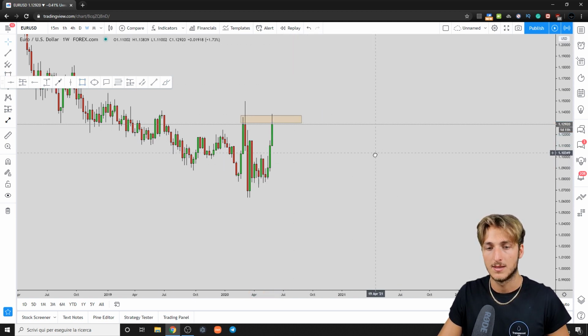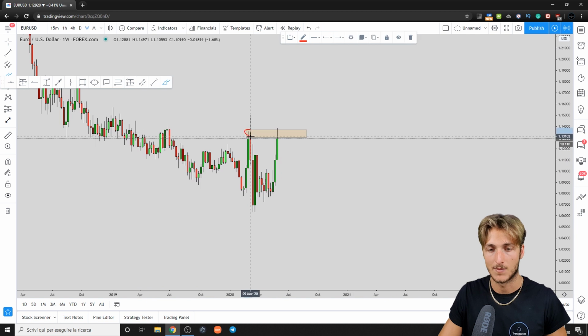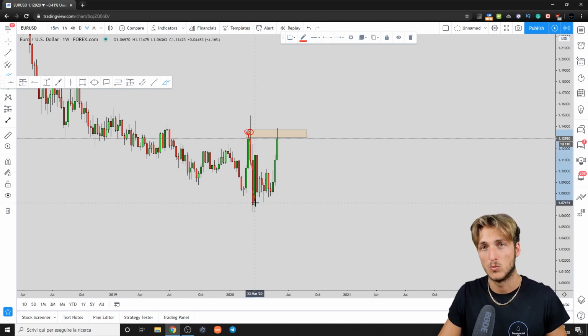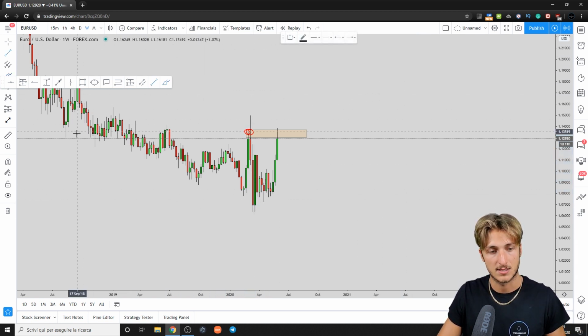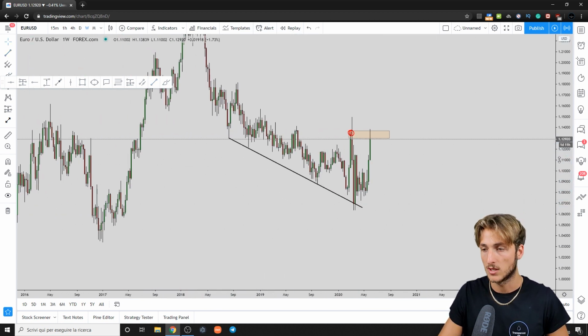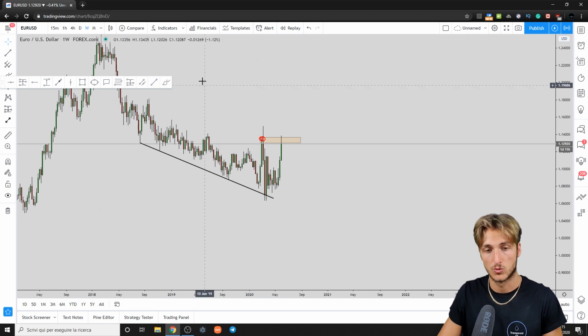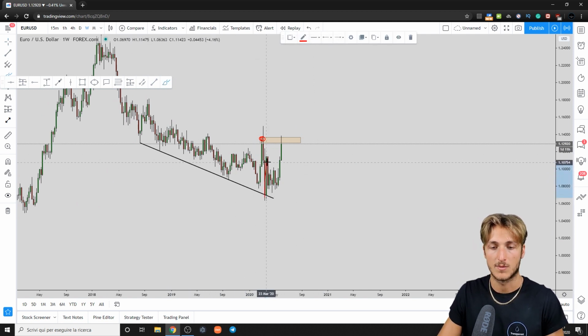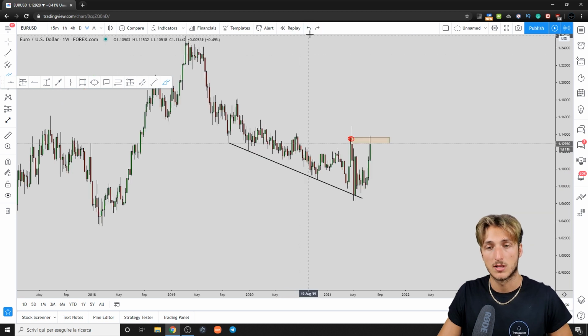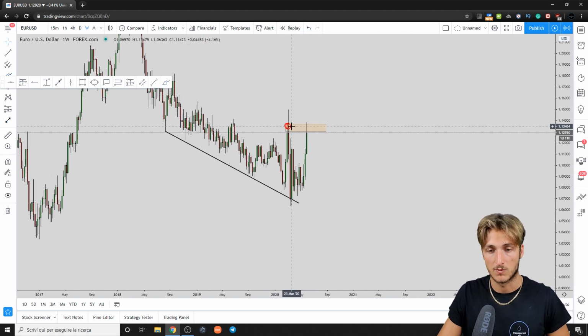In fact, the last time the market had reached this zone, it started all this very strong move to the downside that led to the creation of a lower low, basically to go and test this very important descending trend line, which acted as strong support for EURUSD. In fact, the market then bounced back up. Now, the market is currently retesting a very strong resistance area.